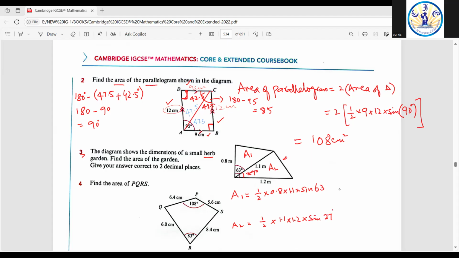So 0.5 times 0.8 times 1.1 times sine 63, which is 0.39.